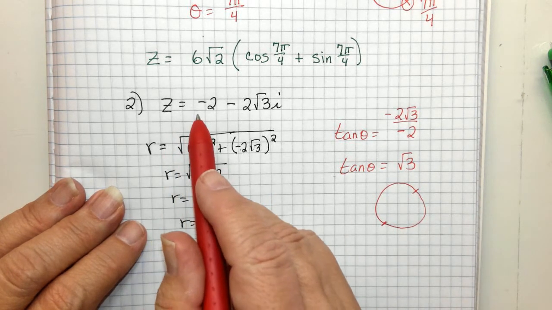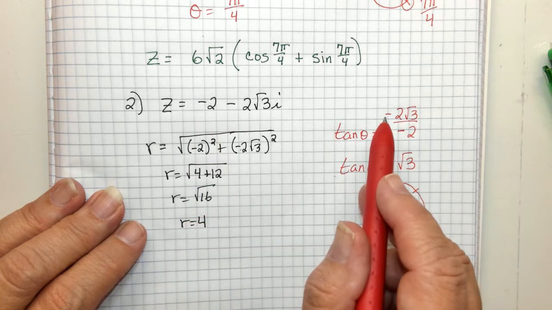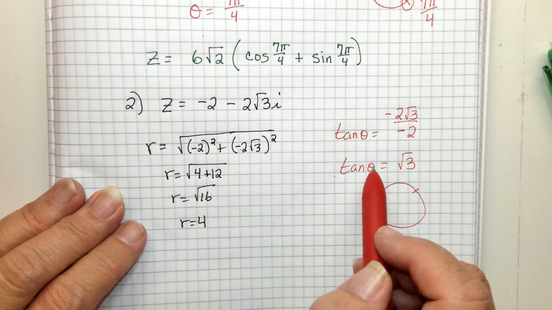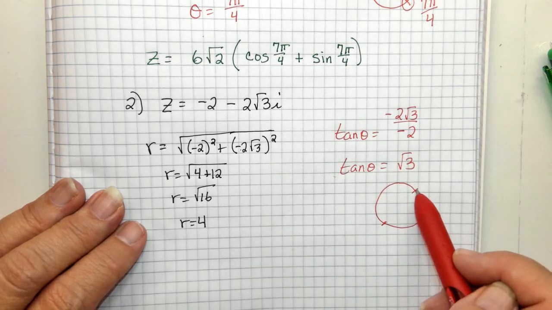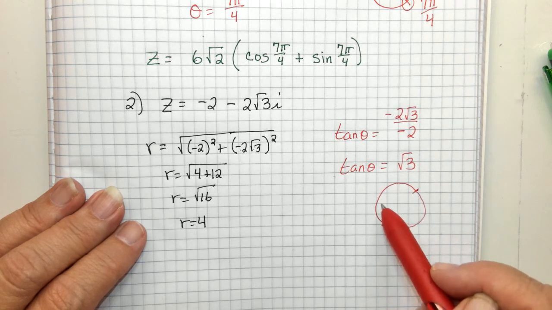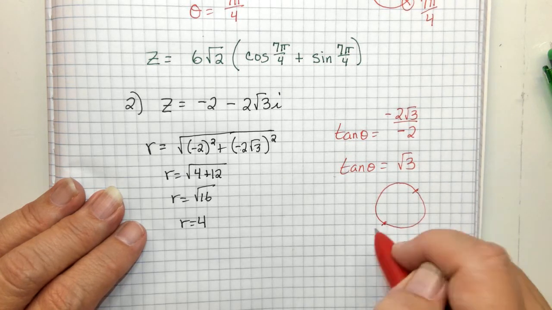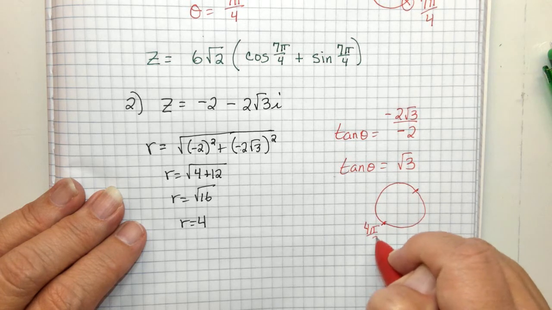So because this is negative over negative, it simplifies to positive. But if it had been positive over positive, we would be here in the first quadrant at pi over 3. But since it's negative, negative, we're down here at 4 pi over 3 for theta.